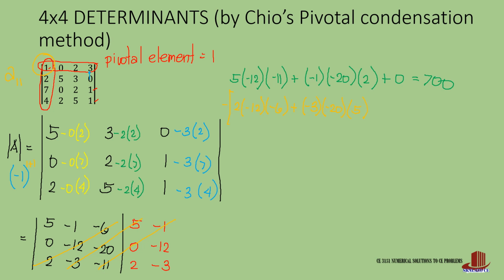And lastly, we would also have 0. So simplifying, 2 times 12 times 6 plus 3 times 20 times 5 would be -444. Thus, 700 less 444 would give us the answer of 256, just the same.